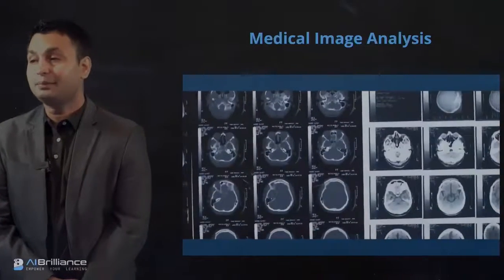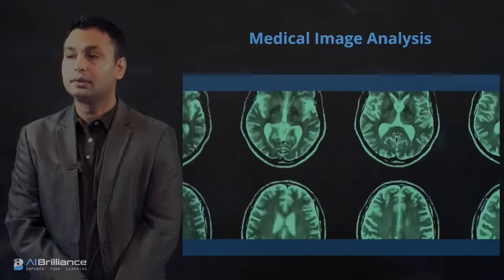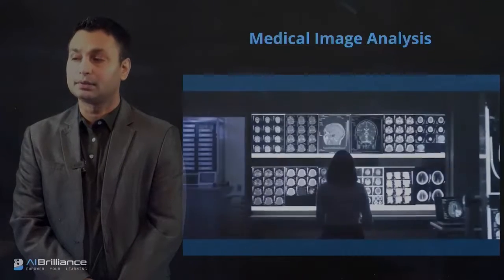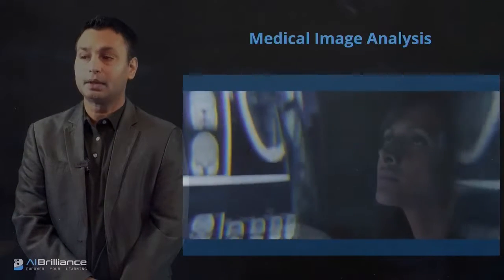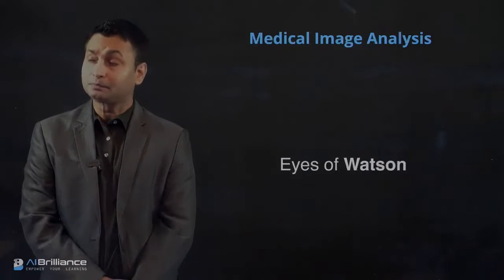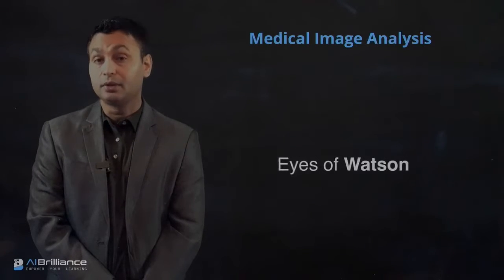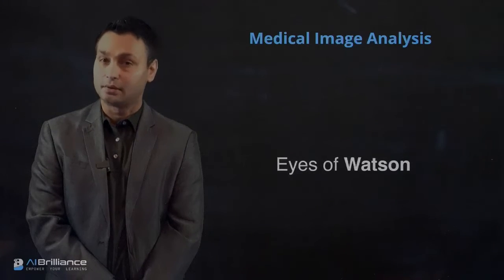This is known as Eyes of Watson. This is an IBM-based CNN medical image analysis tool, and in this they identify different types of features and properties of the images that help us in treatment planning.